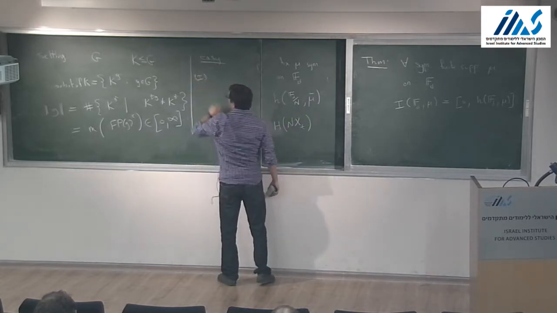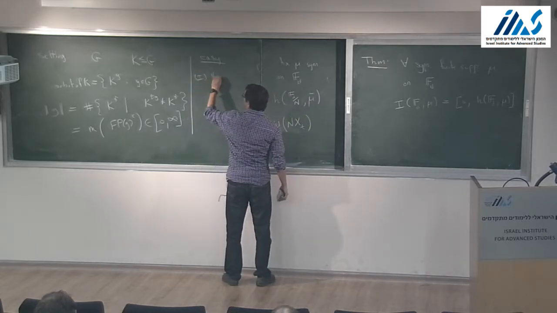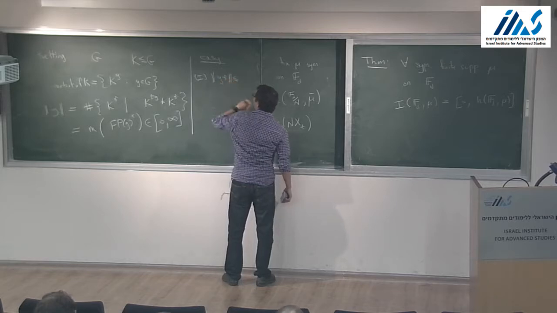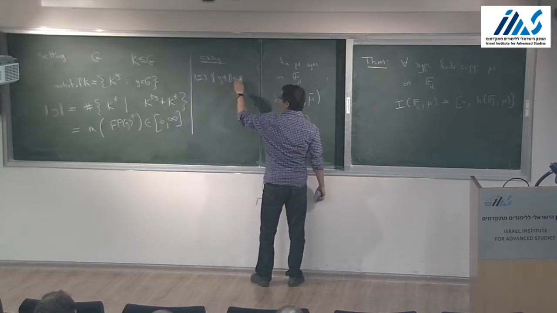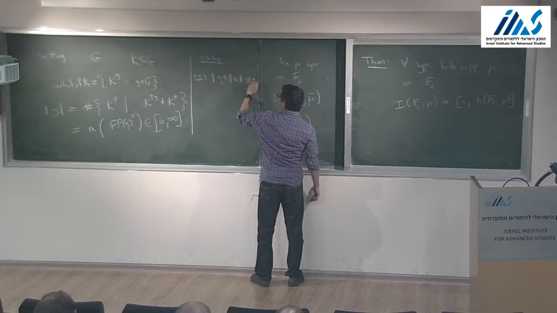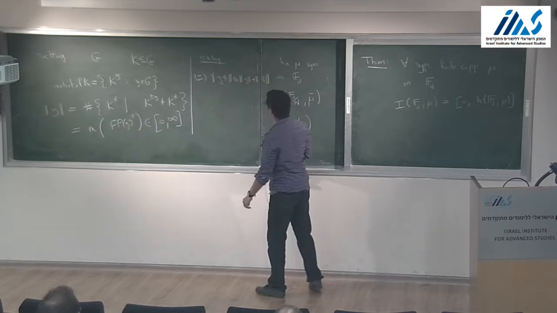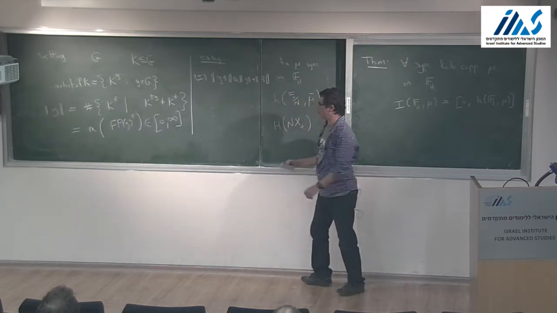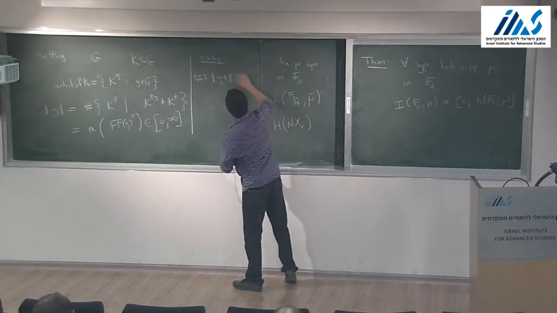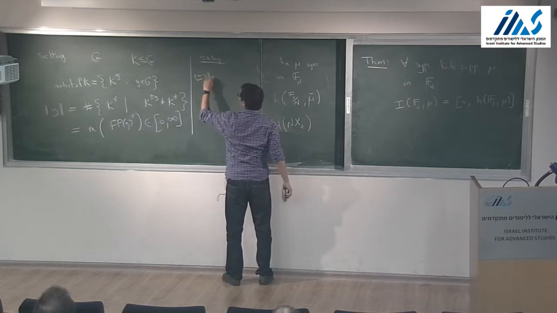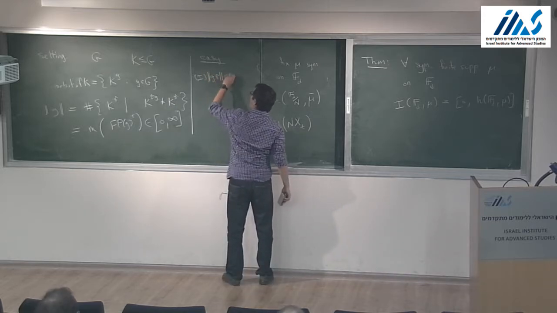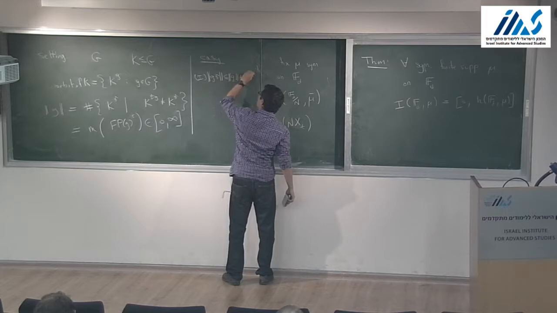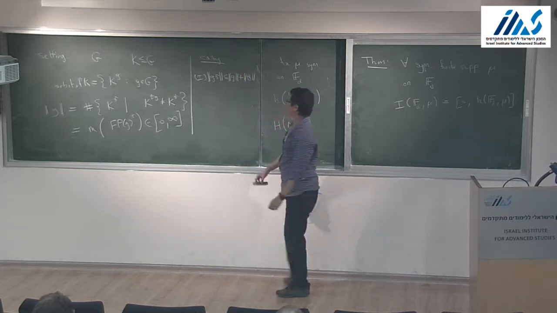So one, the norm of the product of two elements is at most the sum of their norms. Can you understand? I'll try to cram it. Okay.